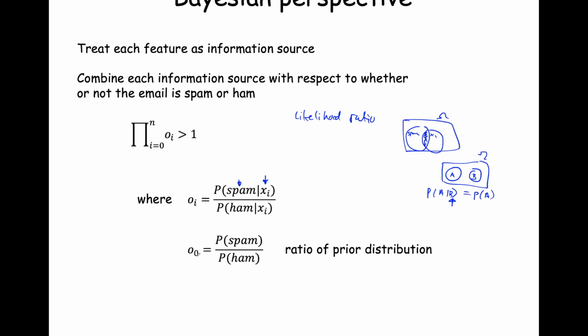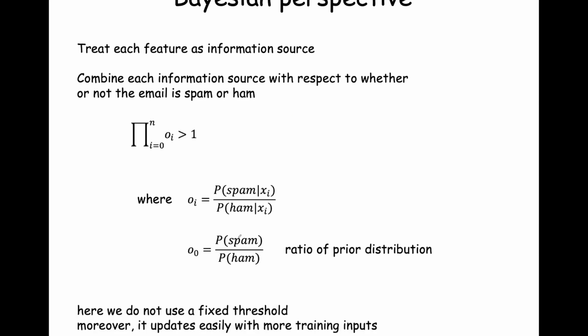And so you can call that the zeroth feature, the prior for spam versus the prior for ham. So probability of spam over probability of ham. And so we take each one of these indicators, we multiply them together, and if that result is greater than 1, then we choose the spam alternative. Otherwise, we choose the ham alternative. All right. And so here, you notice we don't choose a fixed threshold.